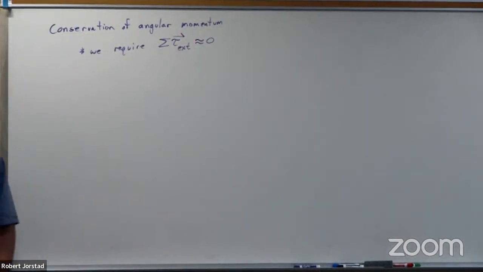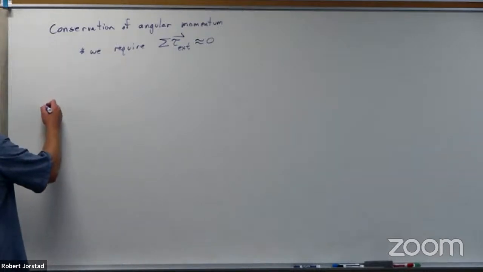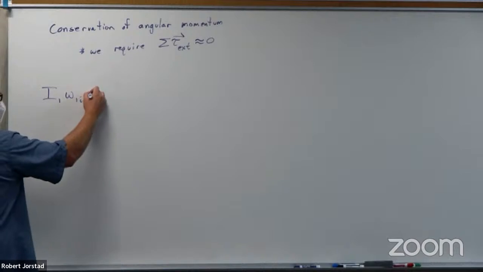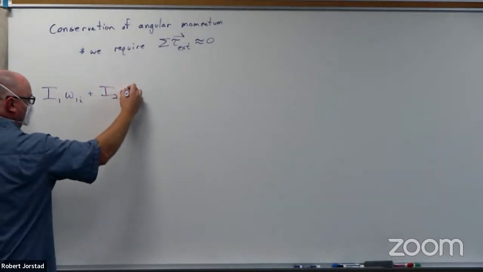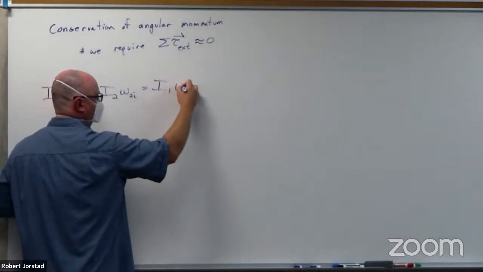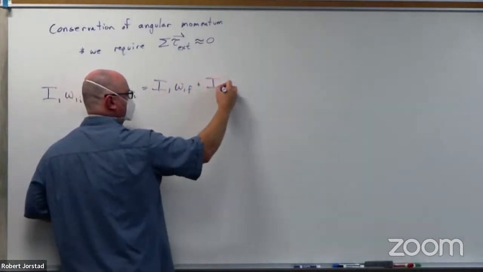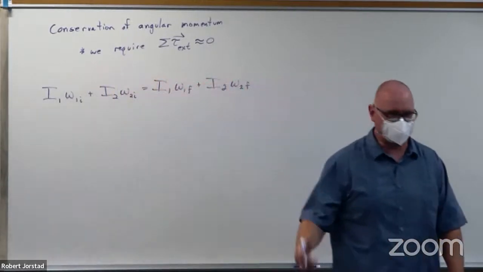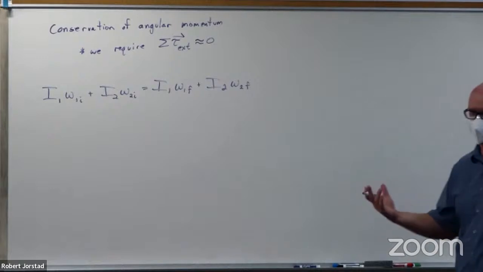Sometimes it's not exactly equal to 0, but it's so small it's negligible. Okay, and then we could say I1 omega 1 initial plus I2 omega 2 initial is equal to I1 omega 1 final plus I2 omega 2 final. You see that's basically chapter 9 again, but with I's and omegas instead of M's and V's.